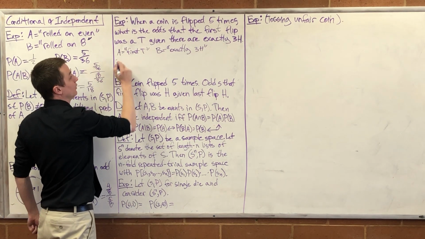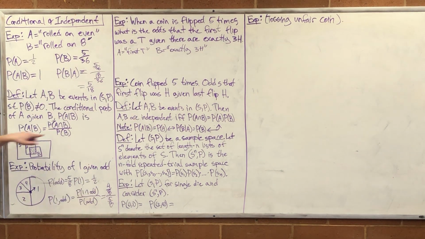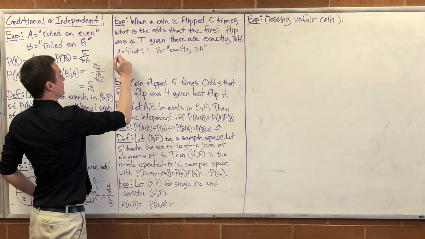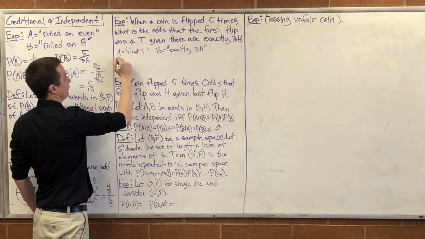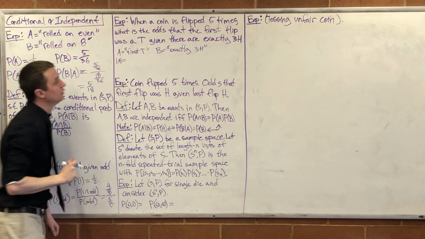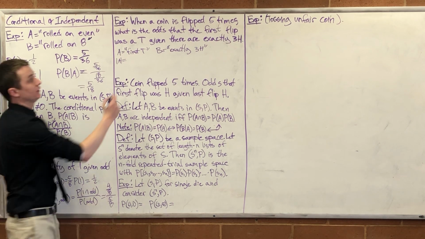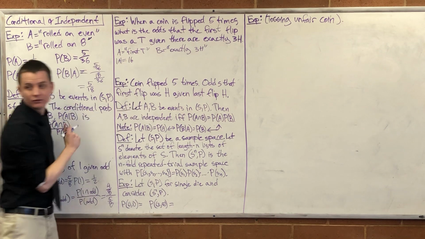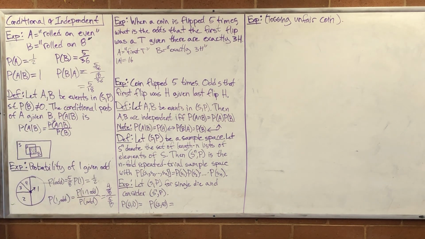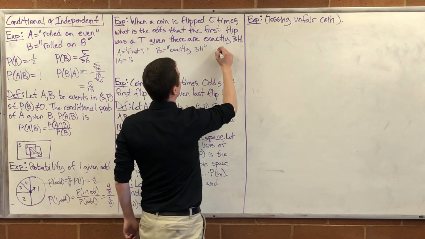So, for our formula, we're going to need A intersect B. Well, let's look at the size of A real quick. What's the size of A? How many flips start with the tails? Half of them. So the size of A in this case is 16. Sorry, the size of S is what?